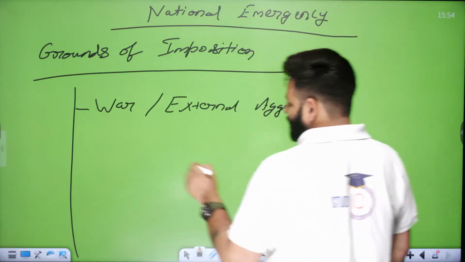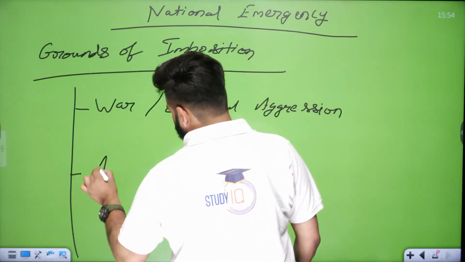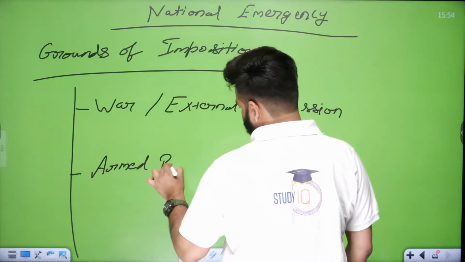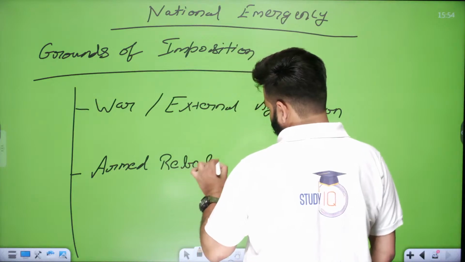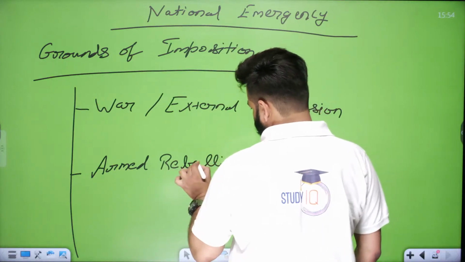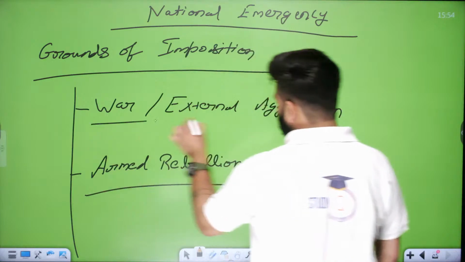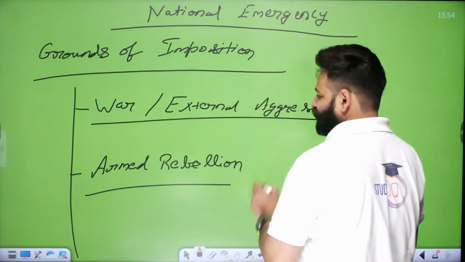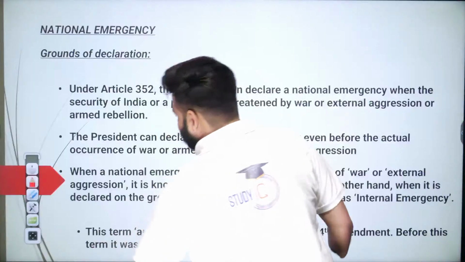The second one is the armed rebellion. So there are two grounds of imposition: war, or external aggression, or the armed rebellion, right?